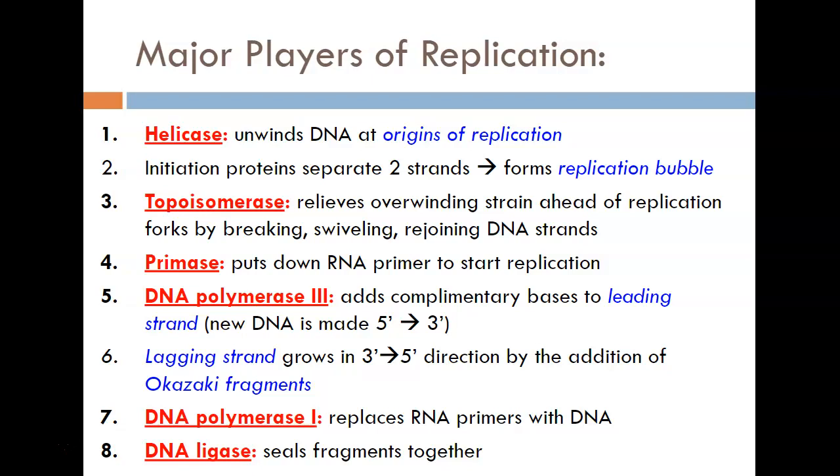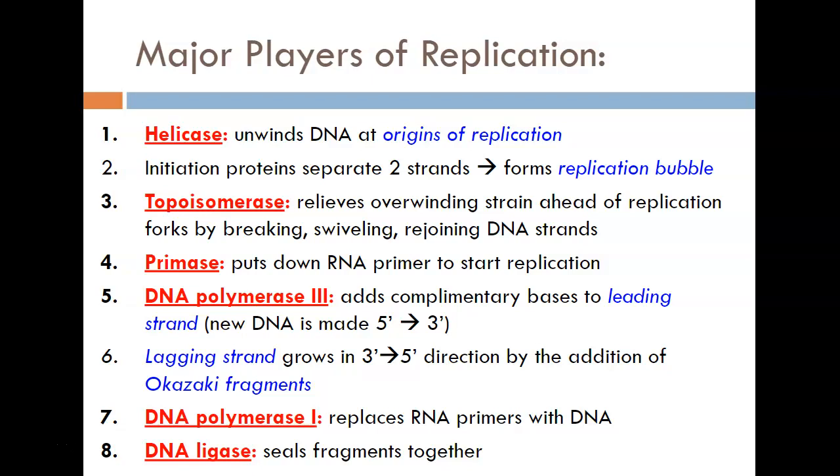Because remember, the DNA is either supercoiled or wrapped around those histones, and you can't really separate the two sides if it's compactly wound around histones. So topoisomerase unwinds them so that they are free to be broken in half by the helicase. This happens ahead of the replication fork, which again, I will show you. That's where the progression of replication is going. So it unwinds it right before you get ready to copy it.